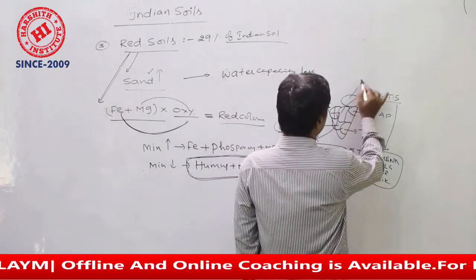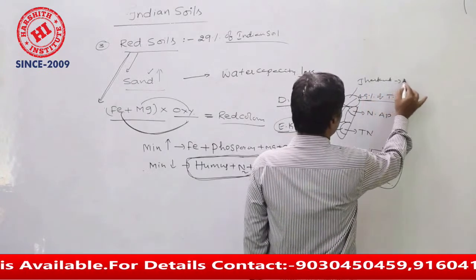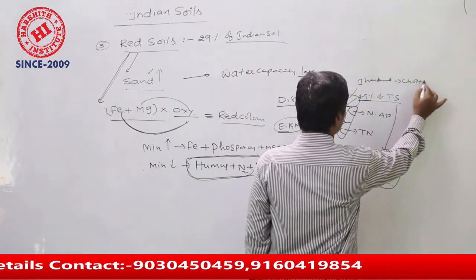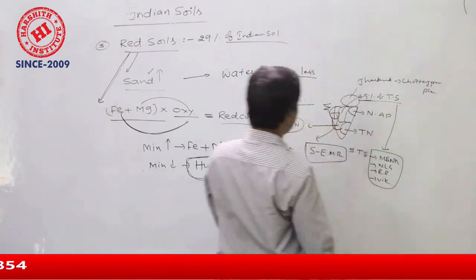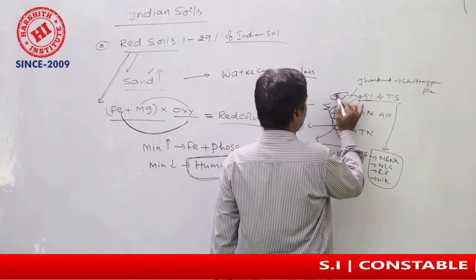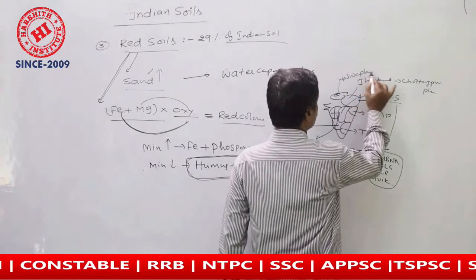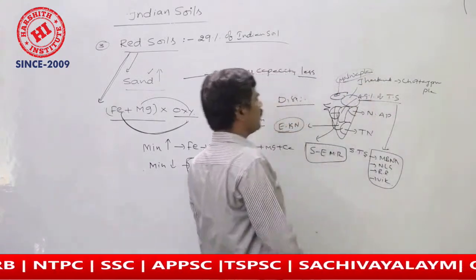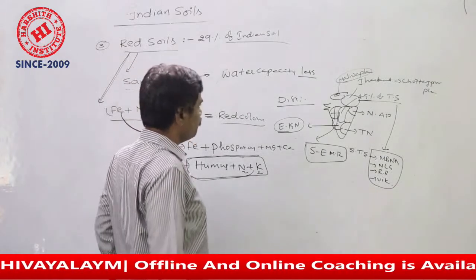In Jharkhand state, the Chota Nagpur Plateau has maximum red soils. In Madhya Pradesh, the Malwa Plateau also has a high percentage of red soils.